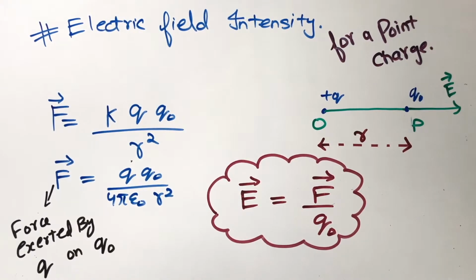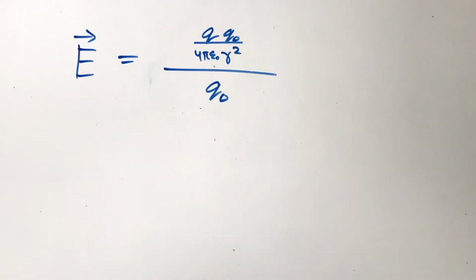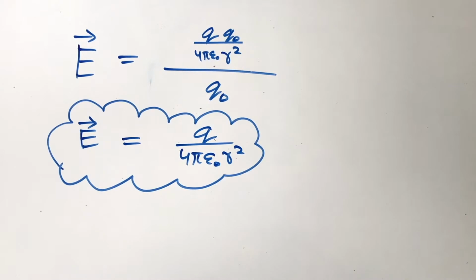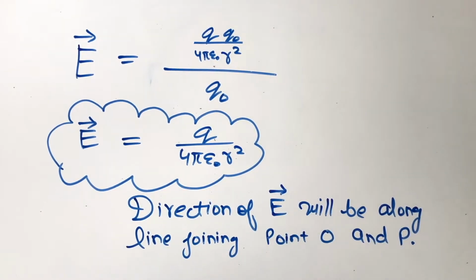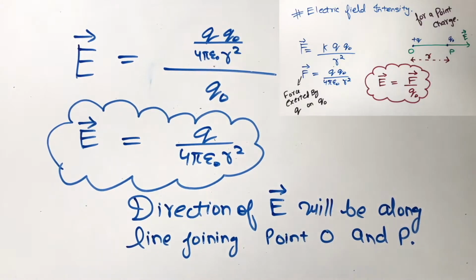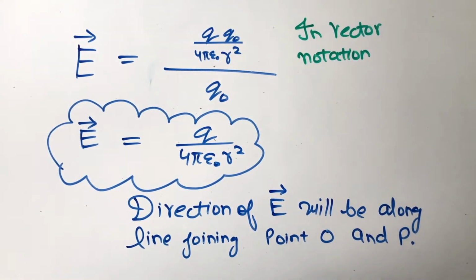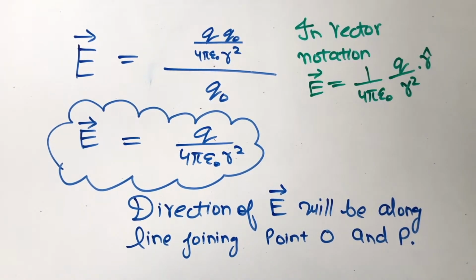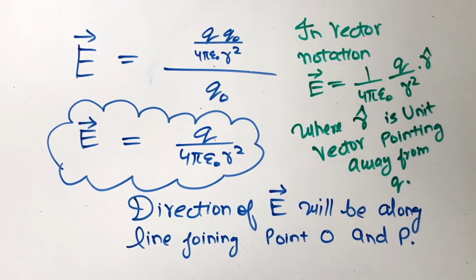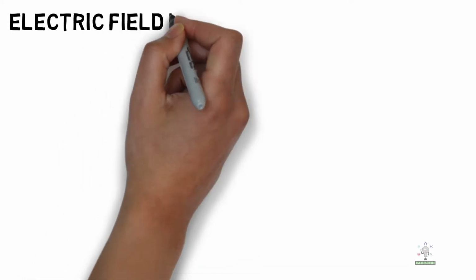Mathematically, E is equal to F by q naught. After basic evaluation, we get E is equal to Q by 4 pi epsilon naught r square. This is the expression of electric field intensity at distance r due to a positive charge Q. Also, the direction of electric field intensity will be along the line joining the points O and P.